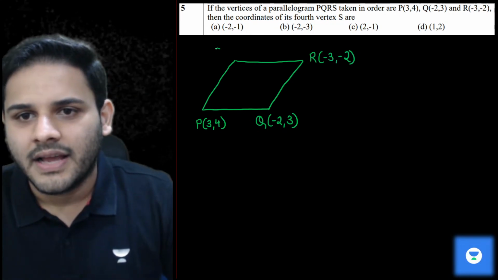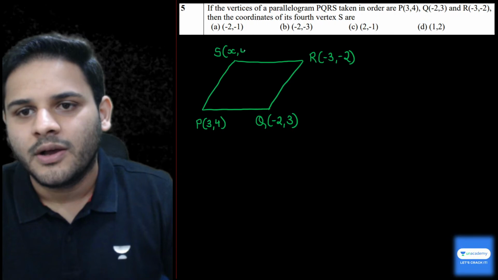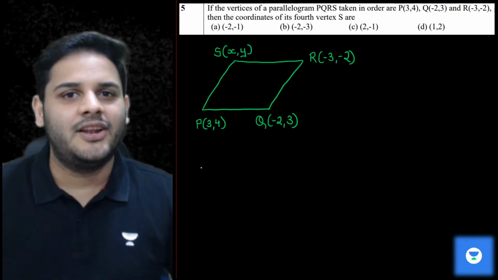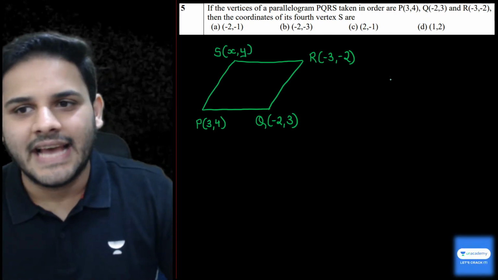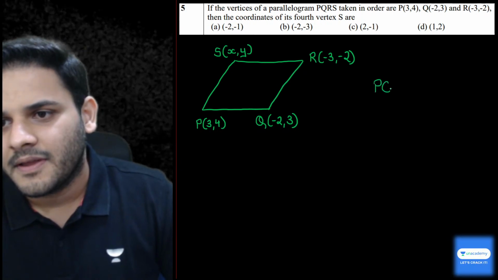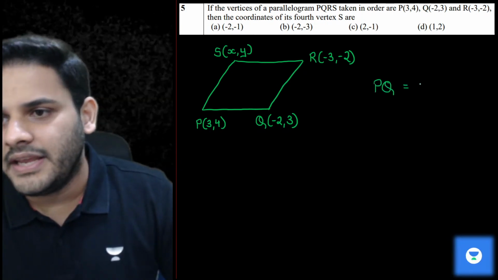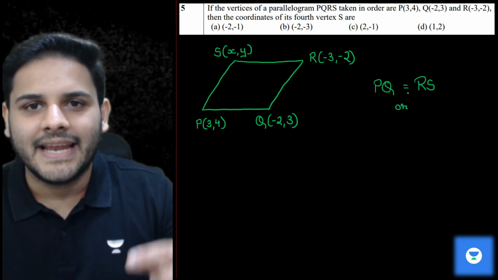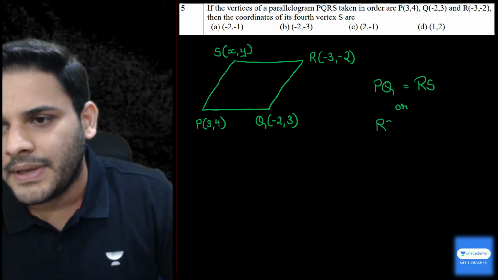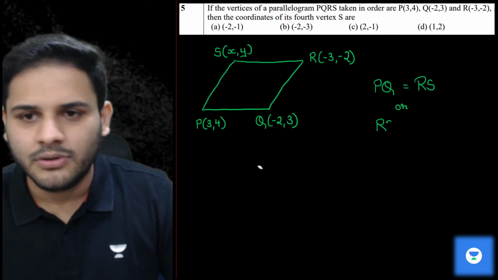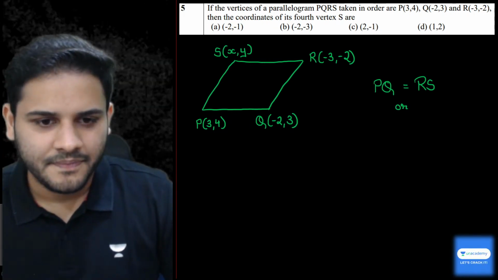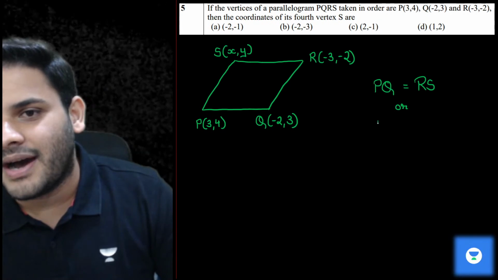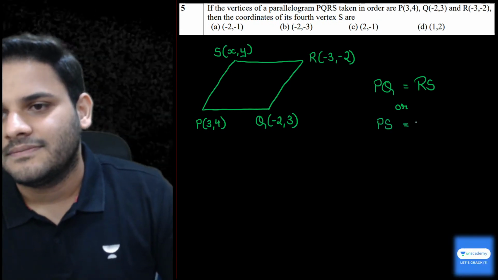And S is we don't know what. What are the properties of a parallelogram? Can I say that PQ will be equal to RS, or can I say that PS will be equal to QR? The opposite sides of the parallelogram are equal.